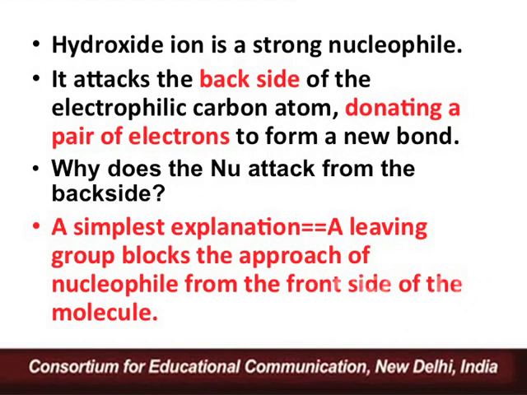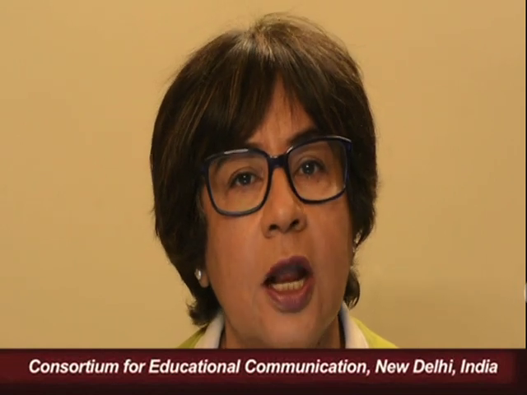A simple explanation is that a leaving group blocks the approach of the nucleophile from the front side of the molecule. Hence, in SN2 reactions, the nucleophile always attacks from the backside of the molecule.